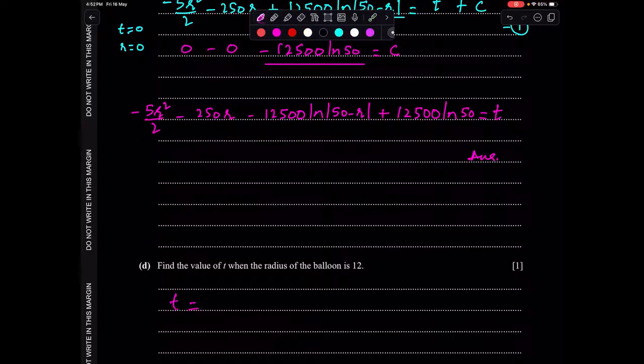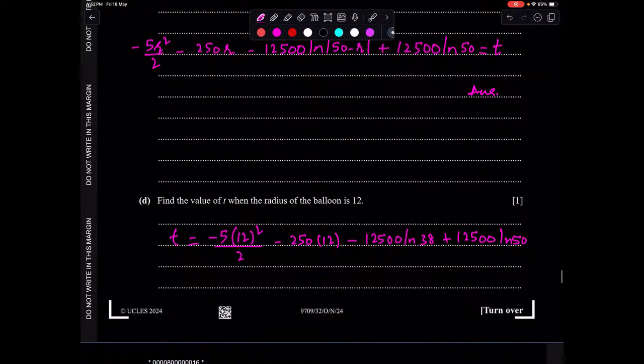So T when R is 12: 5, 12 square, 2, 250, 12, 12500 ln 50 minus 12 makes 38, 12500 ln 38. You can use your calculator and get the value of t. The value of t would be 70.5.